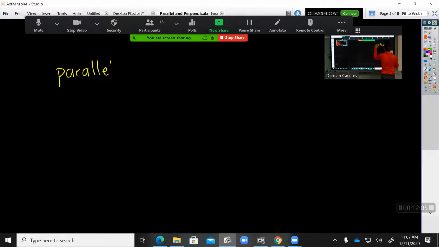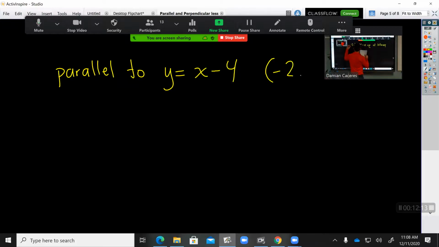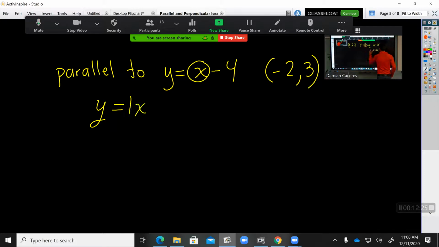Parallel to y equals x minus 4, that goes through -2 comma positive 3. Go ahead and try it on your own. I'll start you off. y equals, grab this slope, 1x plus b. And now plug in the values where they go and solve for your new b.